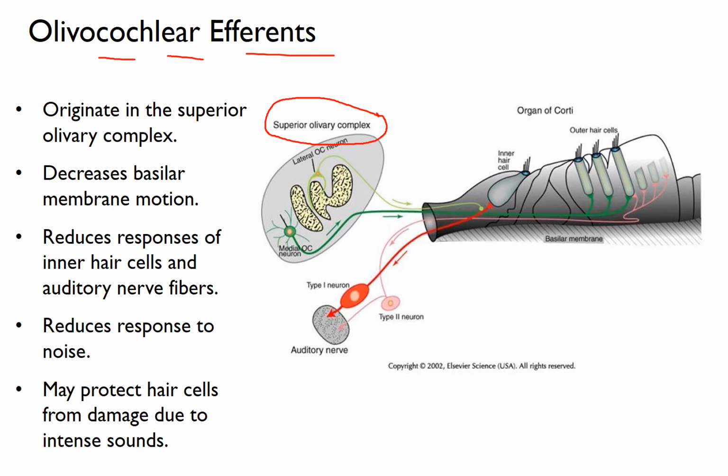These olivocochlear efferents are efferent in that their cell bodies are located in the lateral or the medial superior olivocochlear complex, and their branches or terminals come out and then innervate either the inner hair cells or the outer hair cells.